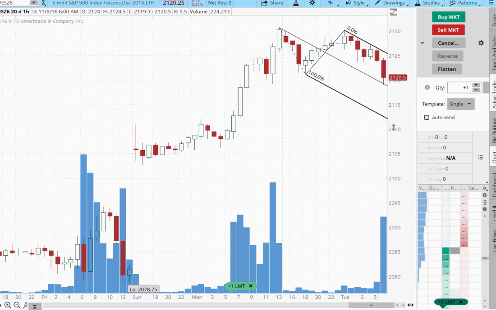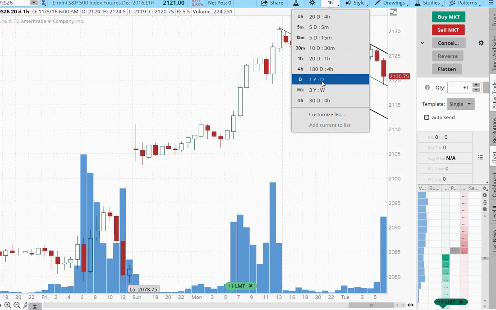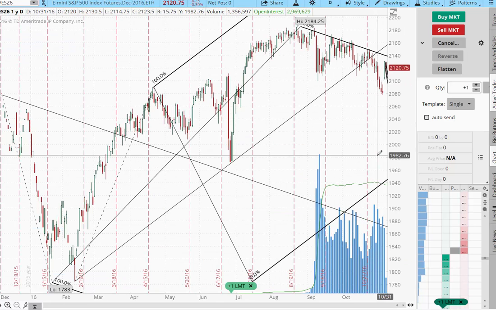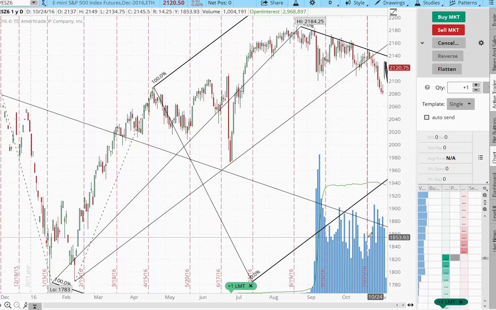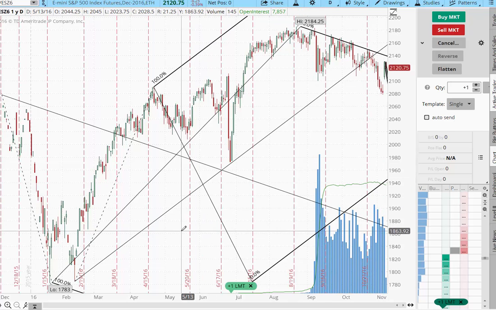Otherwise, if things do come down, then it might be a Trump win. I don't know. But the initial target is in this area here, and then it's further, further, further.